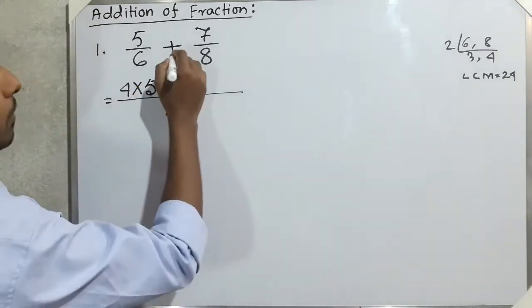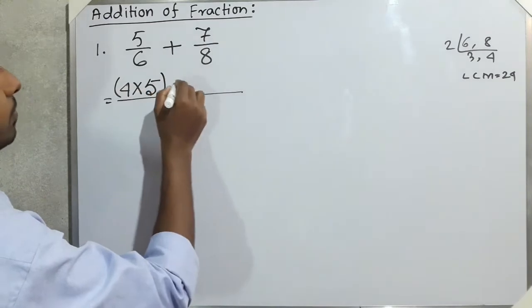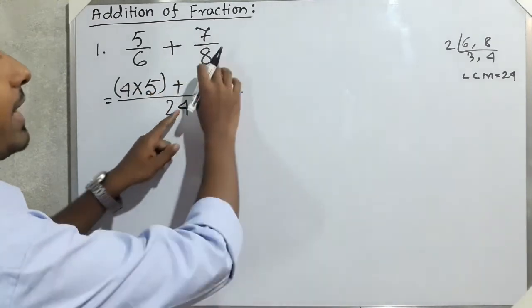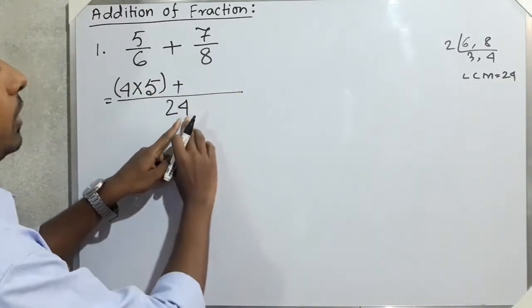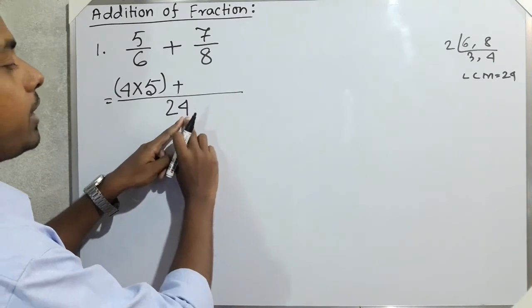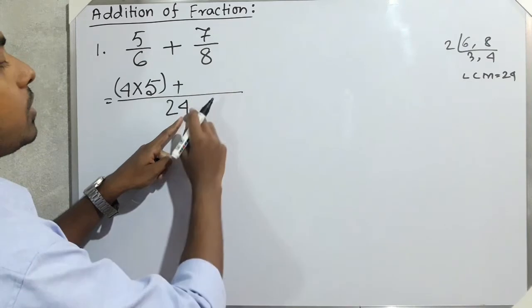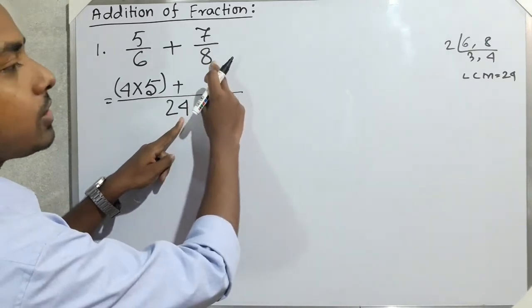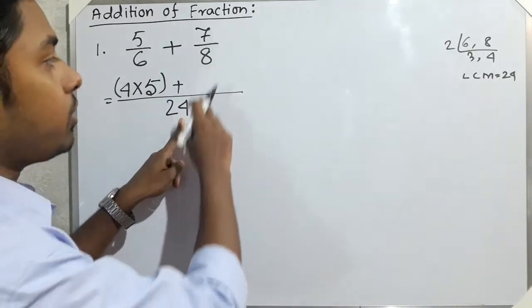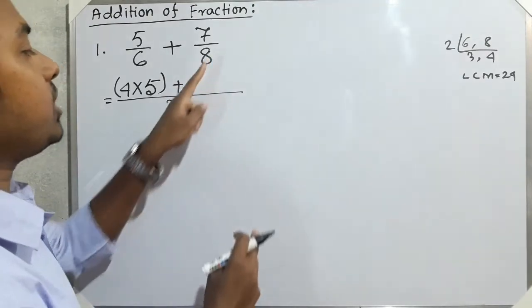Okay, then plus. Here you have to do the same thing. First the LCM, that means 24 divided by this denominator, 24 divided by 8 equals what? 8 3s are 24.